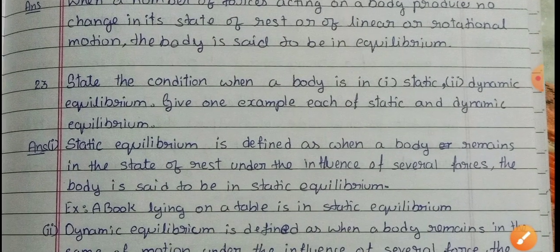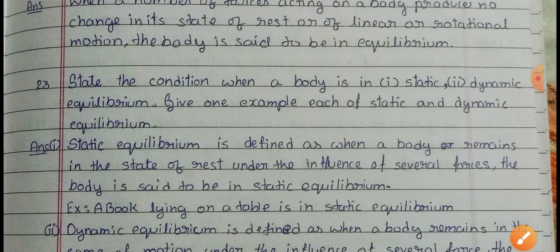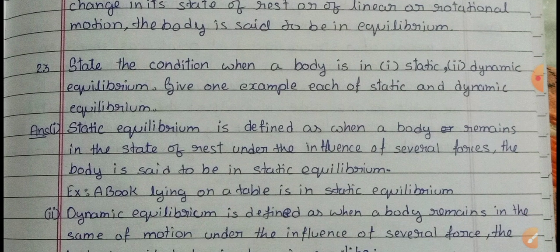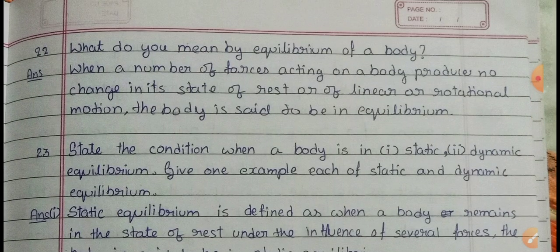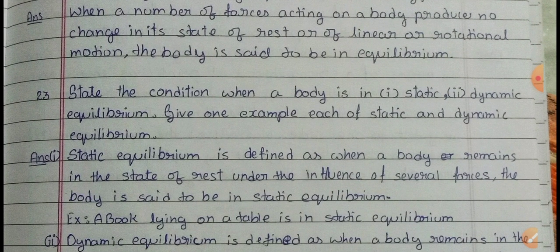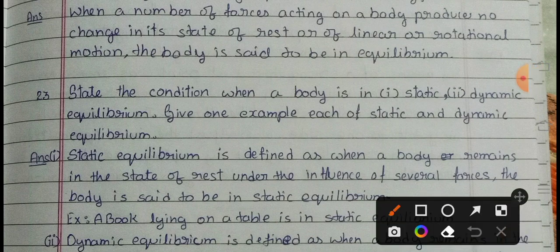Next question. State the condition when a body is in static or dynamic equilibrium. Give one example each of static and dynamic equilibrium. So actually, in equilibrium of a body, there are two kinds of equilibrium. One is static, one is dynamic equilibrium. So what does static equilibrium define?